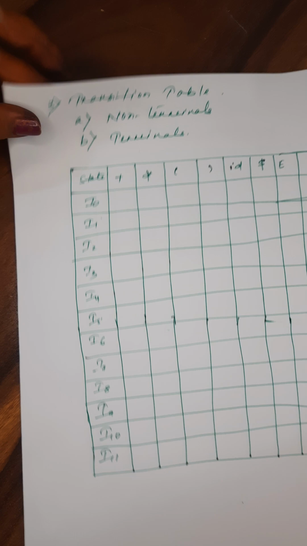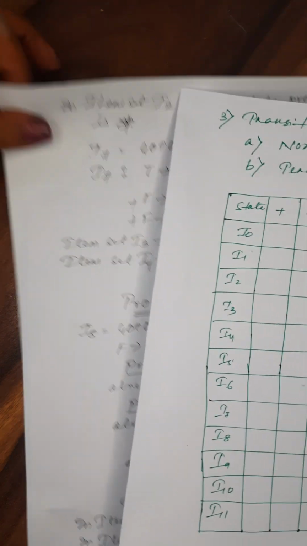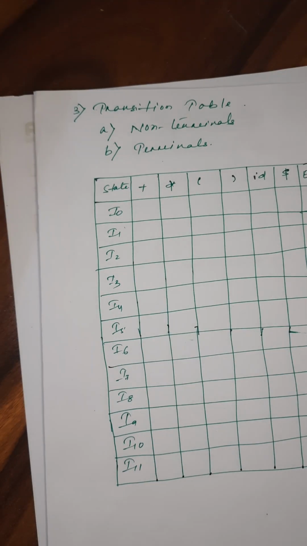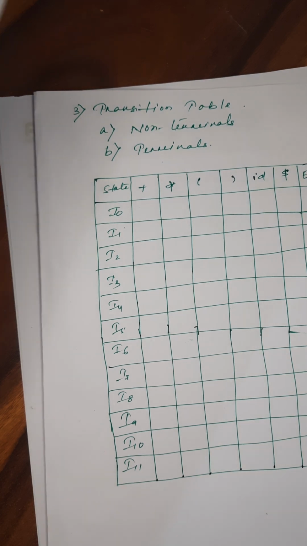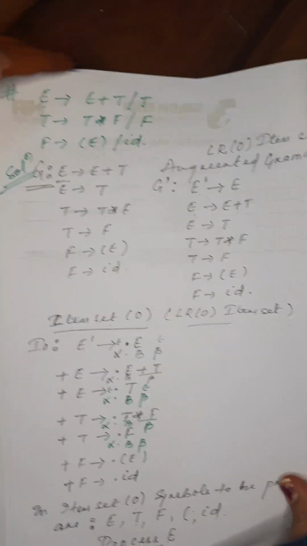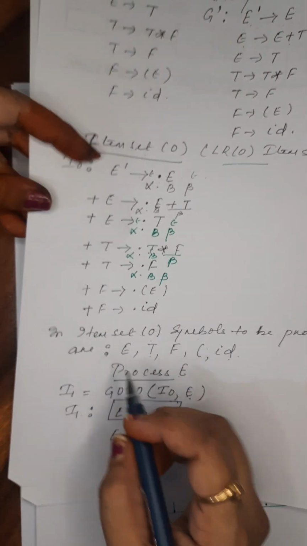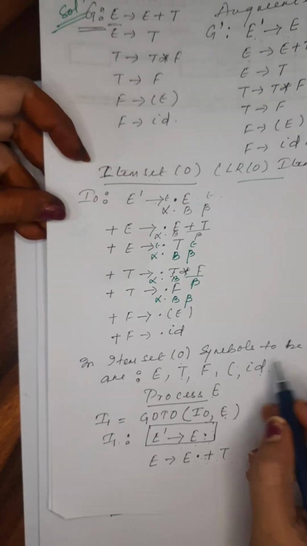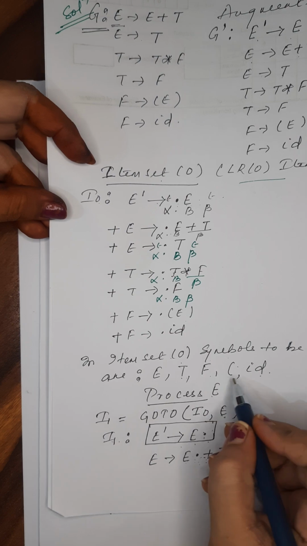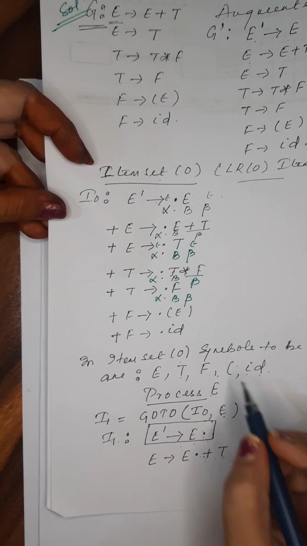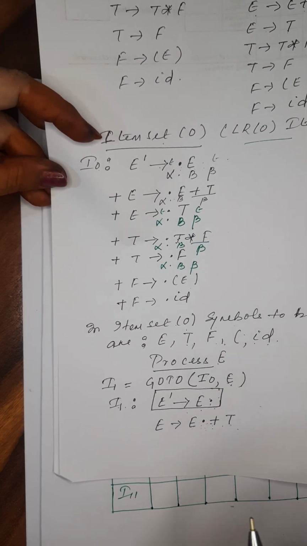First, we will look at item set 0. What did we do over there? In item set 0, the symbols to be processed were E, T, F, opening bracket and ID. Now check where we have completely processed it.